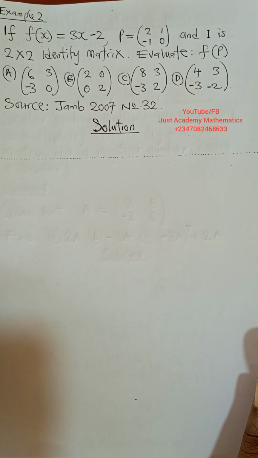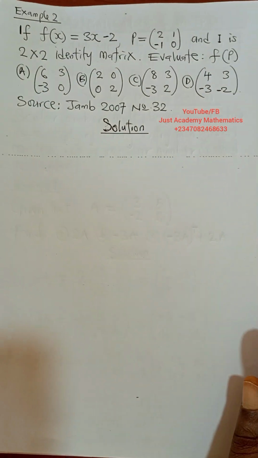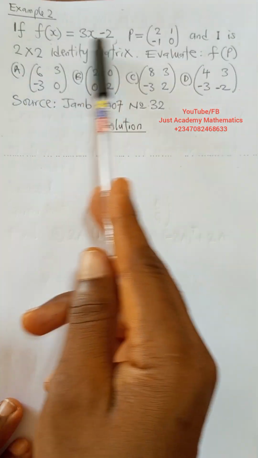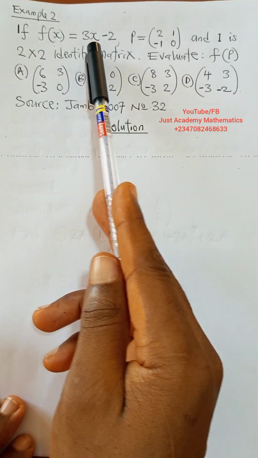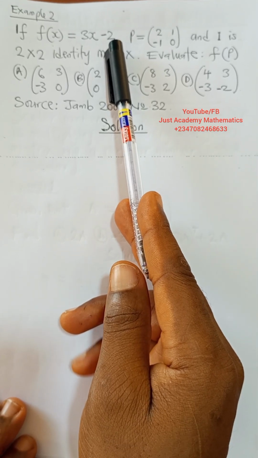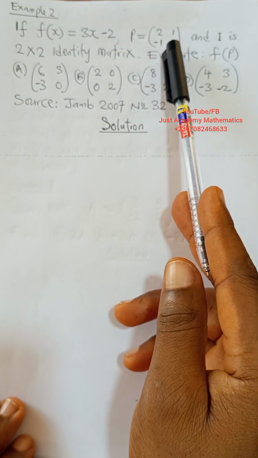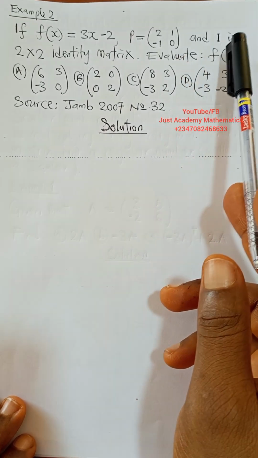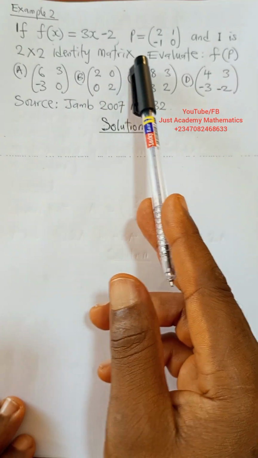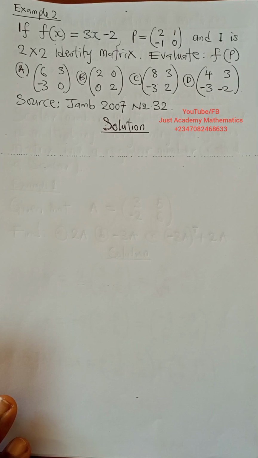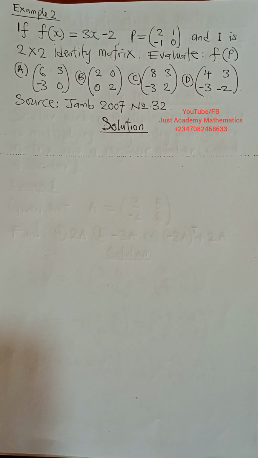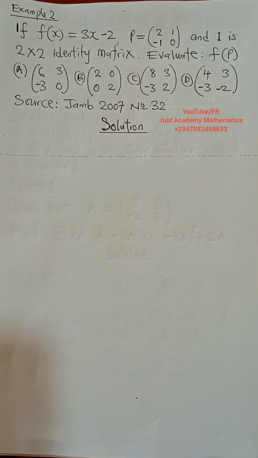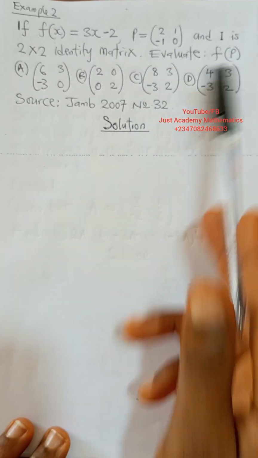If you look at this example, they say that f of x is defined as 3x minus 2, and P is equal to this matrix, and I is the 2 by 2 identity matrix. Anytime you hear 2 by 2 identity matrix, I will show you what it means. They want us to evaluate f of P.